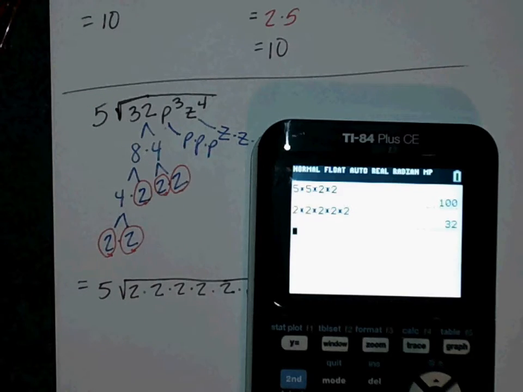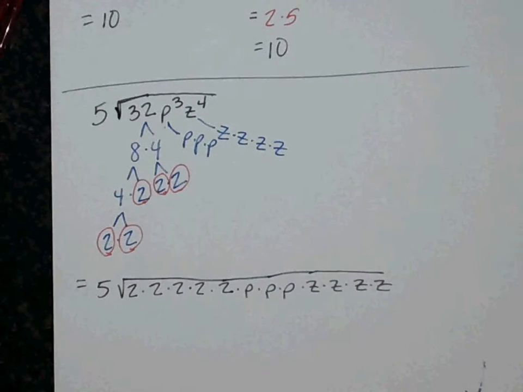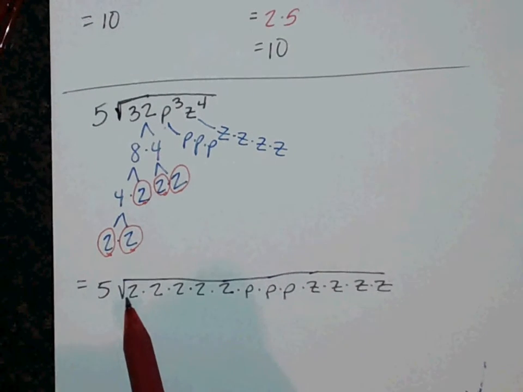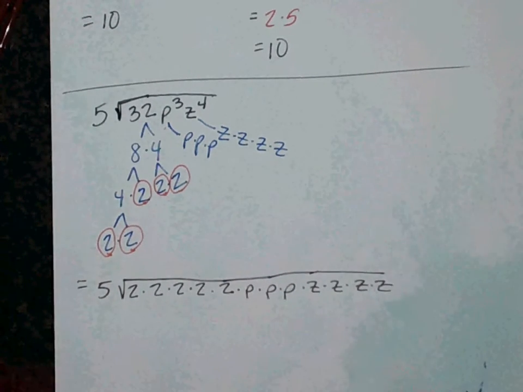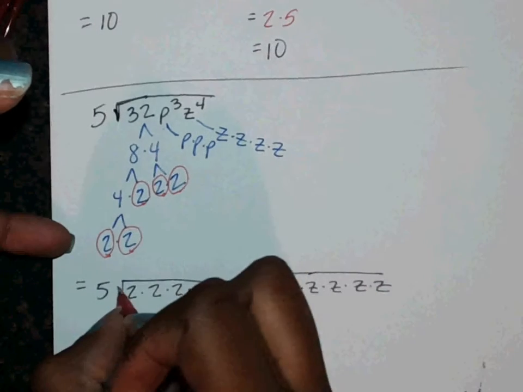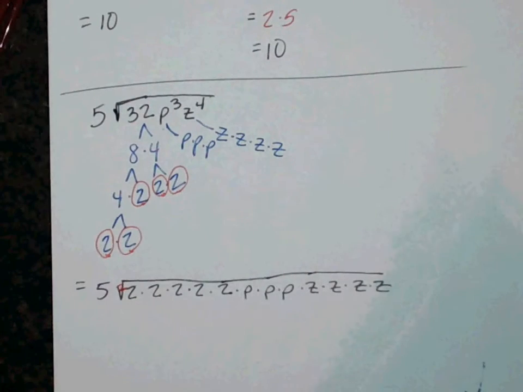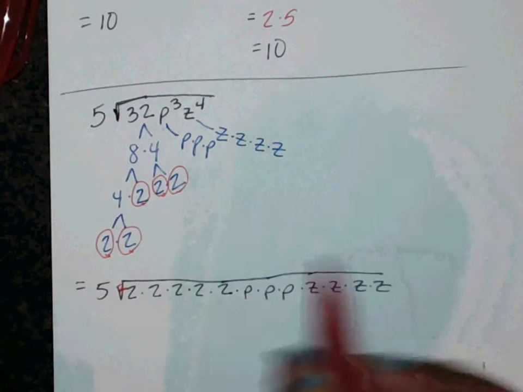And I do. So I know I did it right. Alright, so a square root means that there's an imaginary 2. So that means that I have to circle groups of 2 to move out of my house.